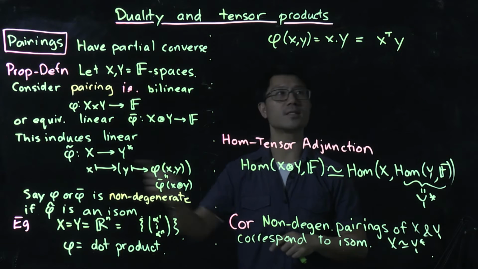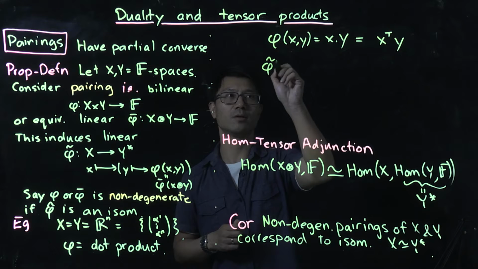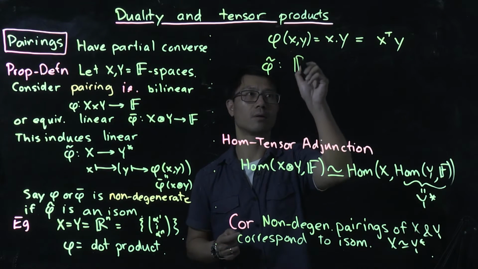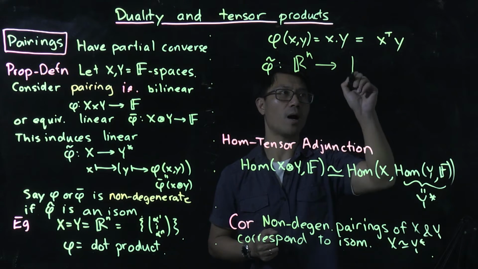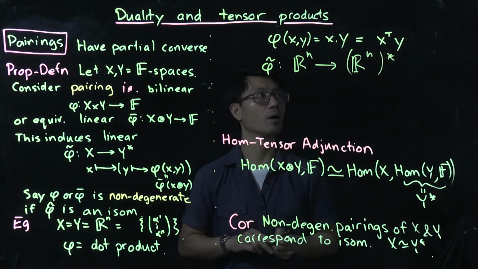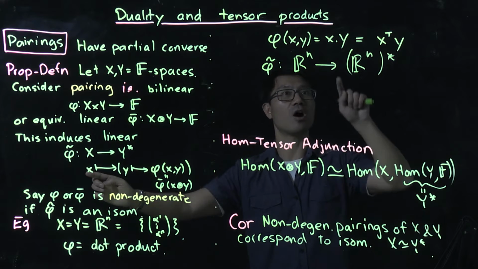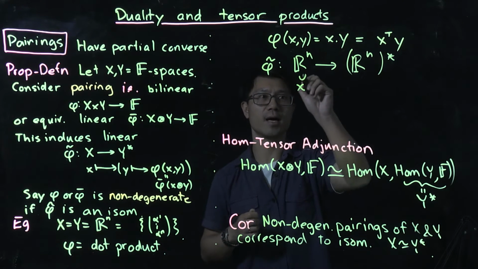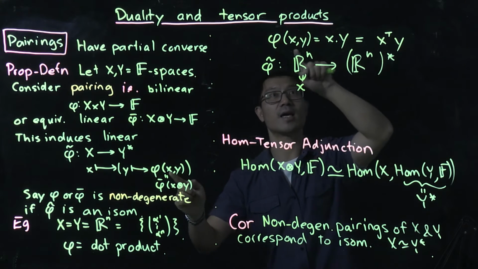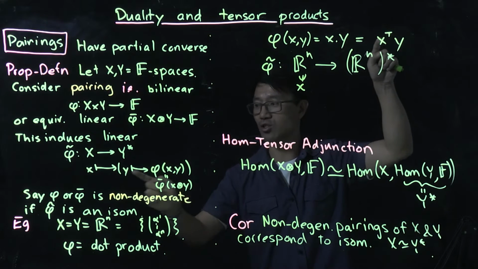So what does this phi tilde do? Phi tilde should go from this x, which is Rn, to Rn dual. How does that work? What is the image of x? We'll pick an x inside here, and see where it ends up. You fix this x, and you look at this as a function of y.